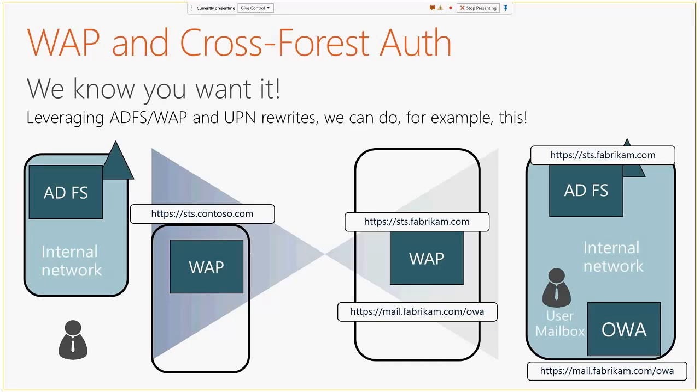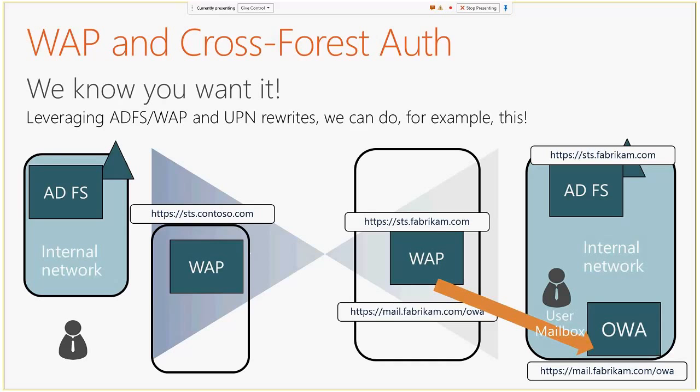The thing is, Contoso.com doesn't have Exchange. They want to buy our Exchange resources. So we can come up with a solution where Contoso.com can use their own credentials, like user@contoso.local, sign on to mail.fabricam.com with his credentials from Contoso.com, and we can make the claim that we get back from ADFS work against our Exchange environment.